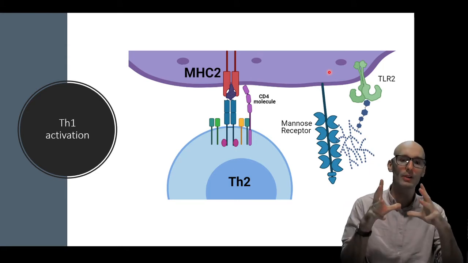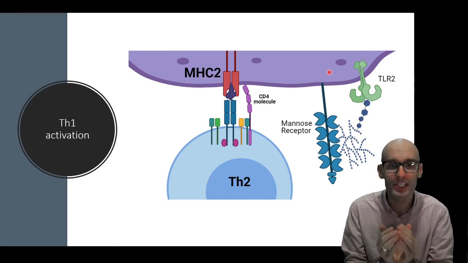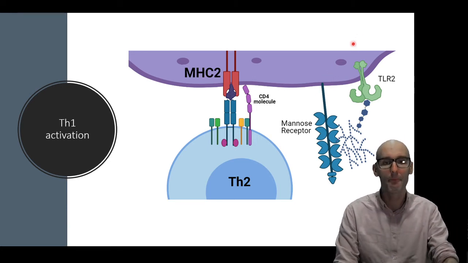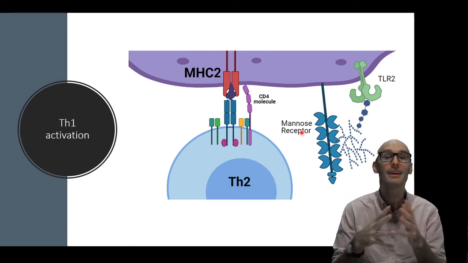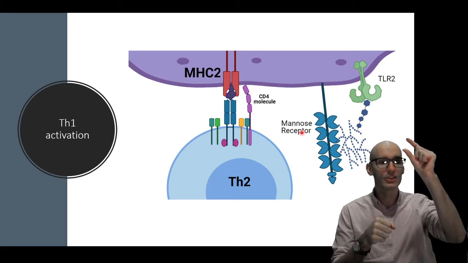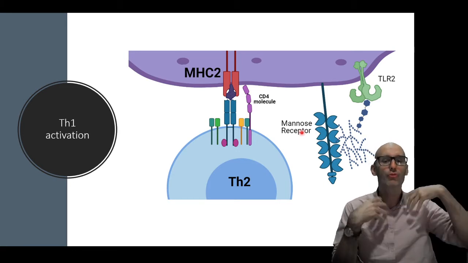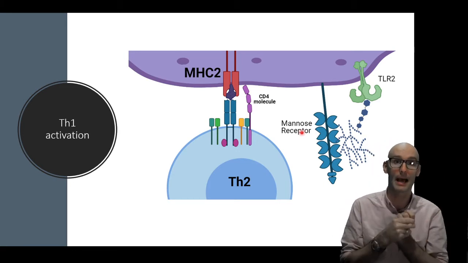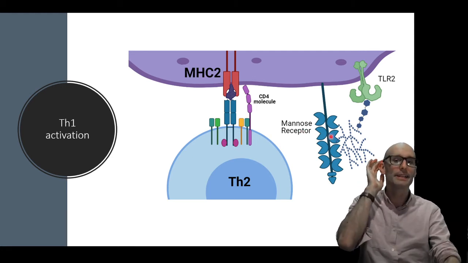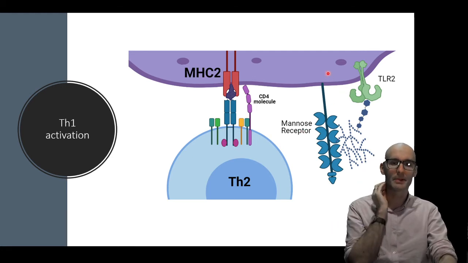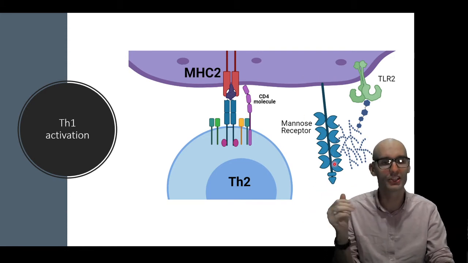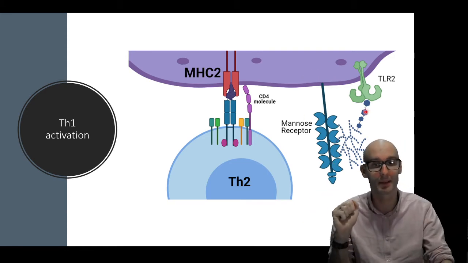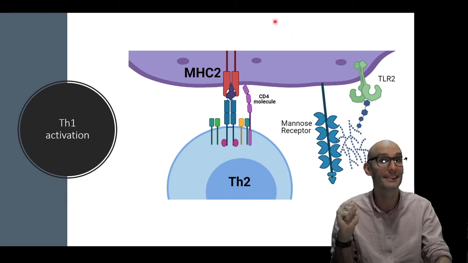But one way that we're pretty sure about is the binding of a mannose receptor. A mannose receptor is a very long receptor, and mannose is a sugar. Attached to it are lots of binding domains that can recognize different complex carbohydrates. But what's interesting about the mannose receptor is it doesn't have an internal cellular domain, so binding of this receptor doesn't cause a signal to go into the cell.